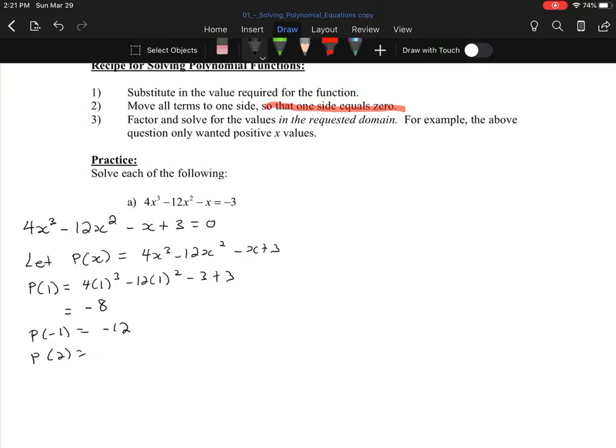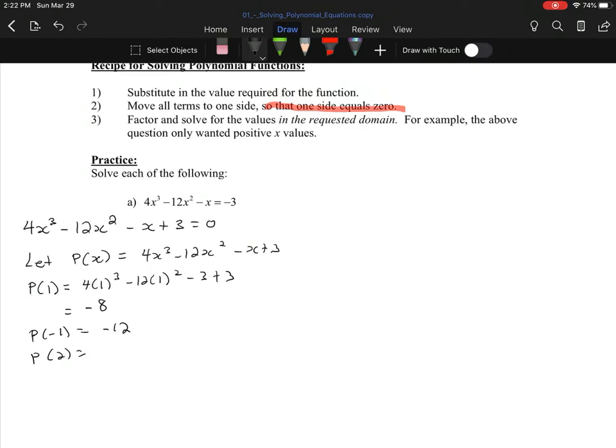I'm going to try p of 2. I have 4 times 2 cubed minus 12 times 2 squared minus 2 plus 3, and something went wrong with my calculator there.